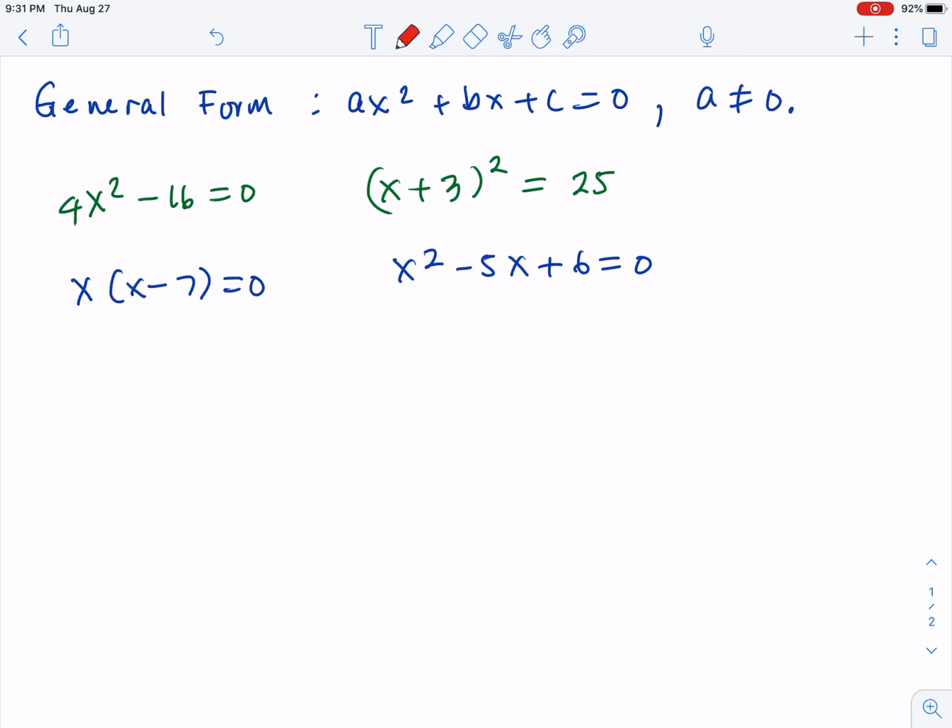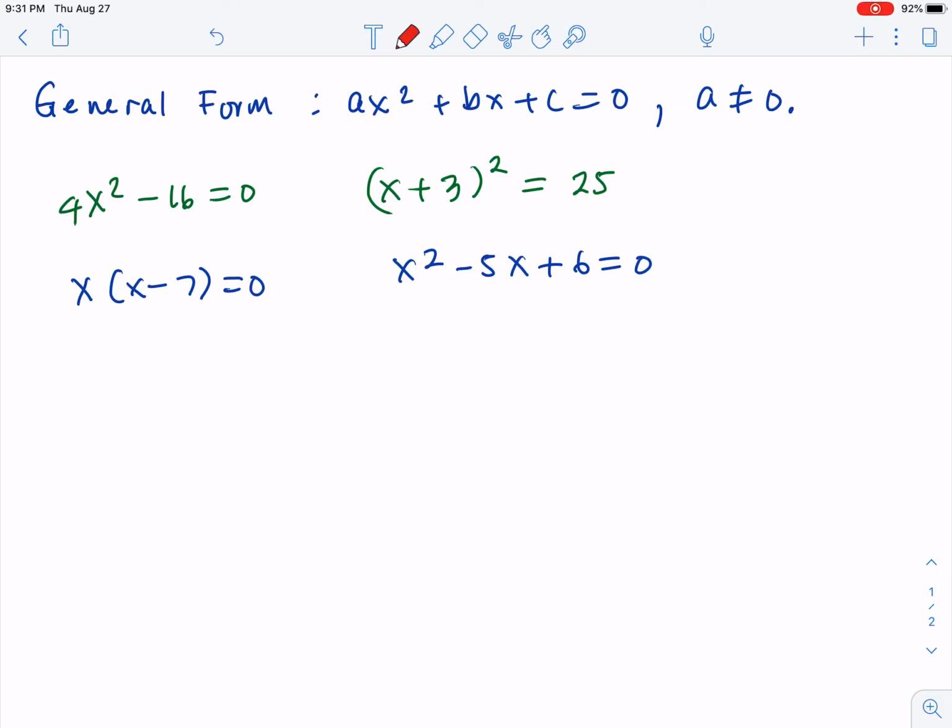Pag ang x mo ay 7, magiging 7 minus 7 ito, magiging 0 din ito. So, 7 times 0, magiging 0 din siya. So, the values of x that will make this equation 0 are 0 and negative 7.